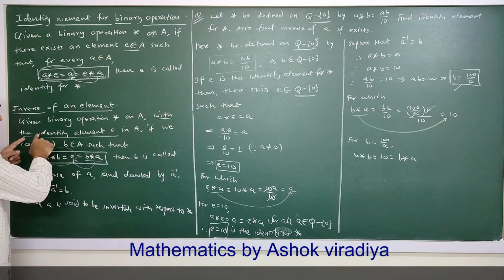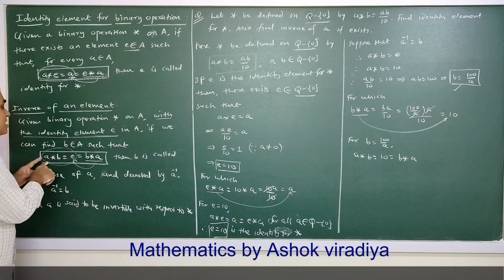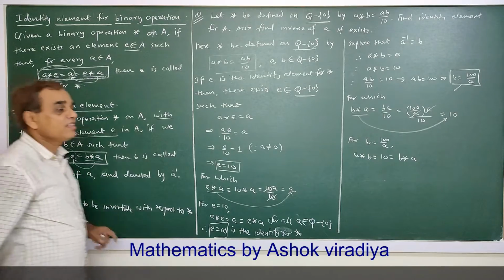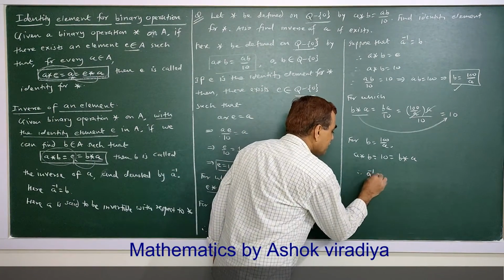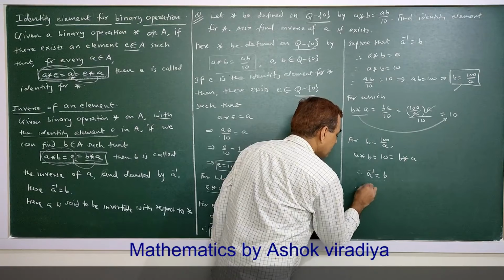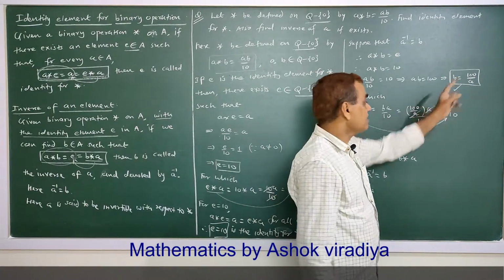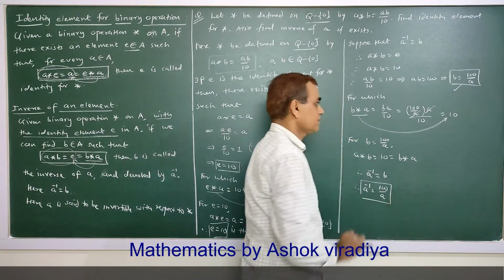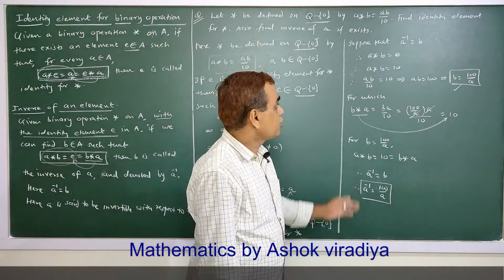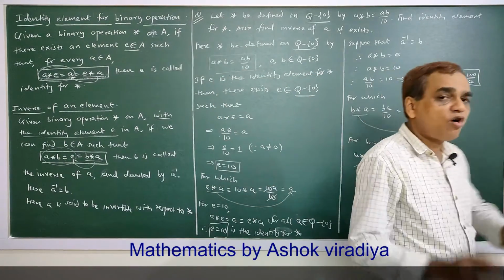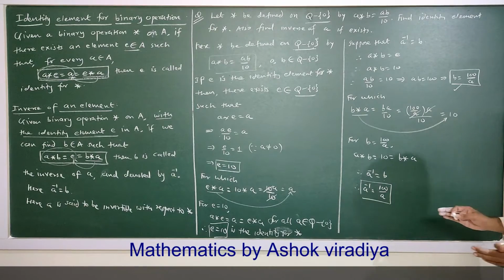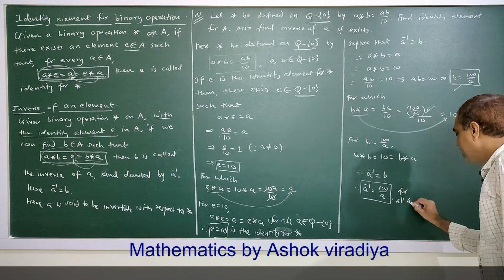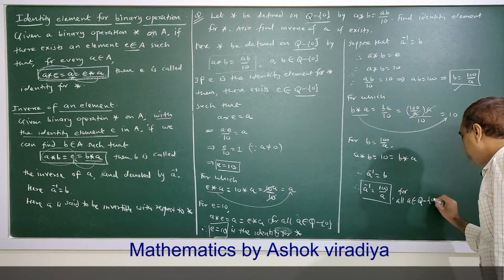For the obtained identity element E, A star B is E and B star A is also E. So B is the inverse of A. Therefore the inverse of A is B. What is B here? 100 by A. So this is true for all A belonging to Q except 0.